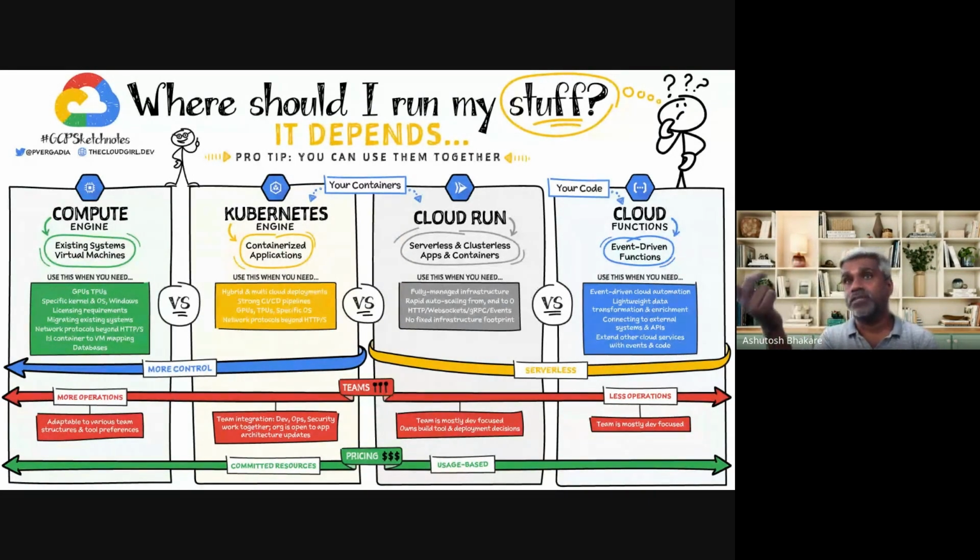Then we have Cloud Run, which is a good fit for stateless applications. Kubernetes is good for stateful sets, whereas Cloud Run is good for deploying containers in a stateless manner, basically even serverless.